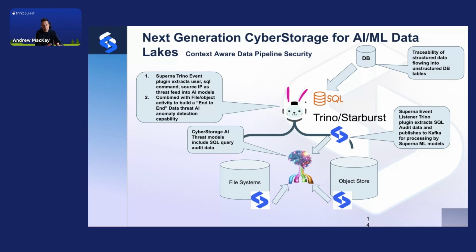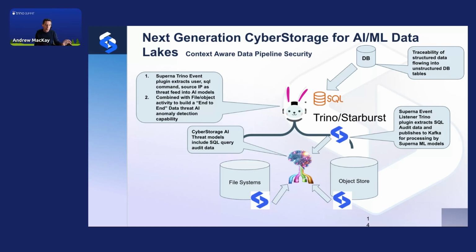That table is mapped, in my example, to some Parquet files. We need to correlate the query to the files on the file system or the object store that were ultimately affected by it. By doing that, we have full end-to-end context that these files were manipulated by this user at the SQL layer, and the action they took was insert, update, or whatever the user was doing.